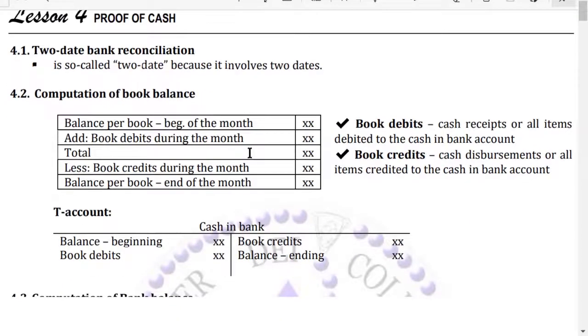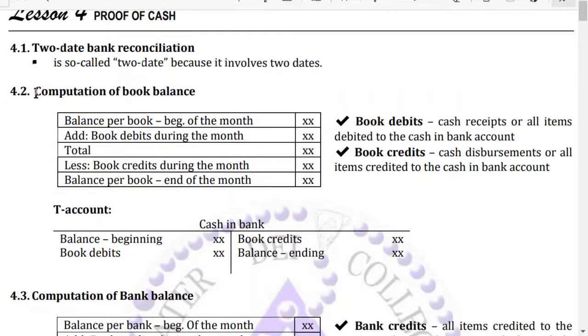So first we have is the computation of book balance, because in some problems they don't provide you the cash balance per ledger immediately, but they give you the details of last month plus or minus any cash flows within the month, and it's up to you how to derive the balance at the end of the month.